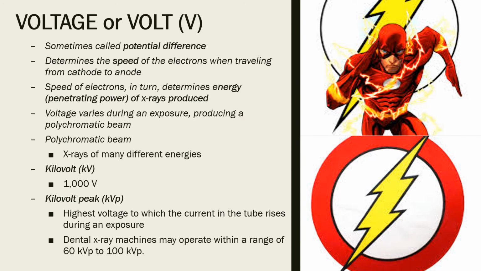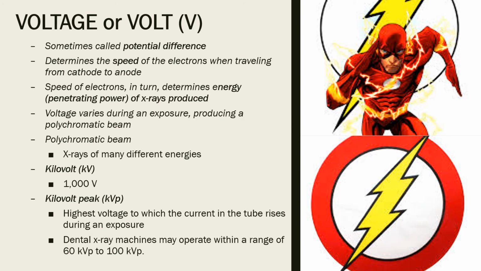When the voltage is increased, the X-rays move faster, therefore a higher penetrating ability, and the harder the X-rays. Because dental X-ray machines use very high voltage, the voltage is expressed in kilovolts. A kilovolt equals 1000 volts.